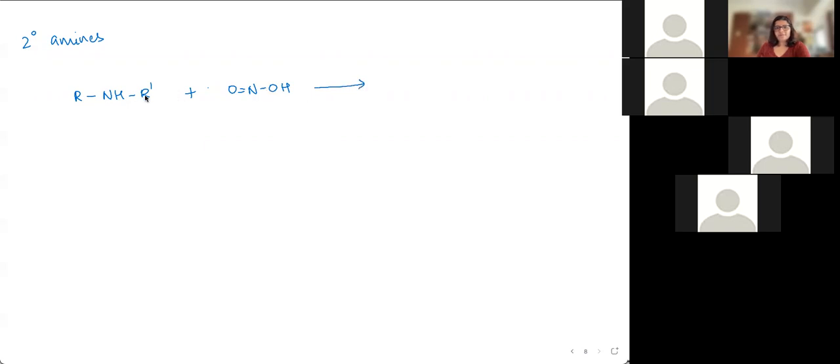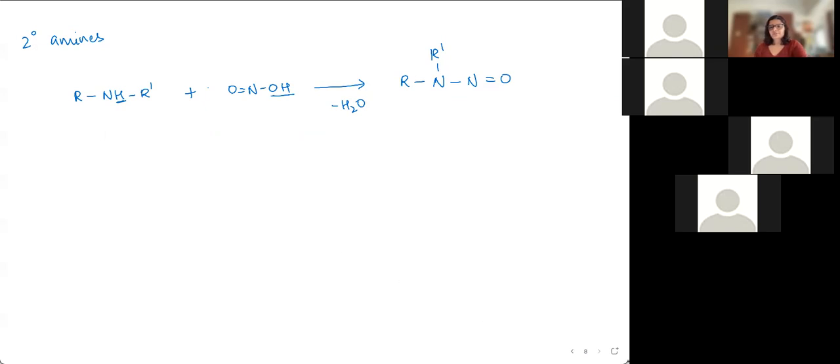So what happens is there is elimination of a single water molecule, this hydrogen that's present on the amine along with this OH group. So what you end up getting is R, N, R dash, with N double bond O attached on one nitrogen. So there is elimination of one water molecule.